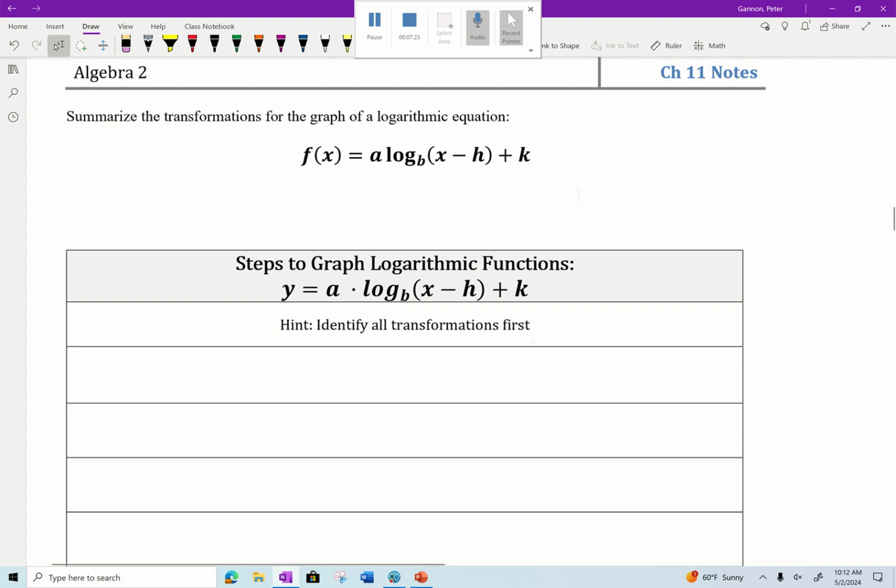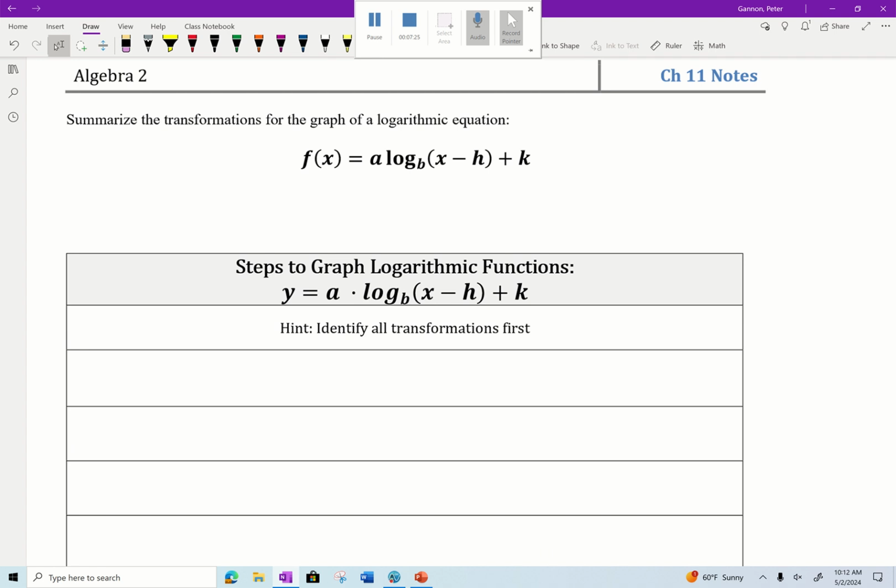So, transformations. The transformations are going to be the same as they've always been. So here's what the HK form of a logarithmic function looks like. Just a quick review. The a value: if a is greater than 1, we have a stretch by a. If a is greater than 0 but less than 1, it's compressed by a.